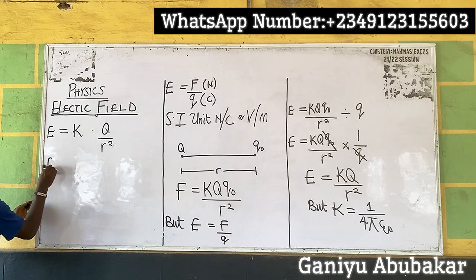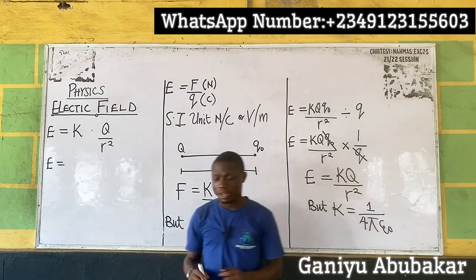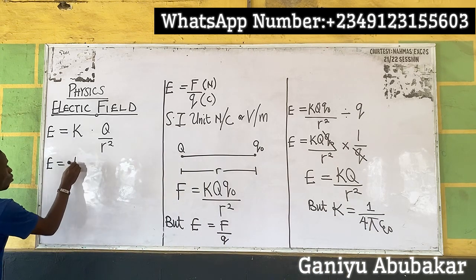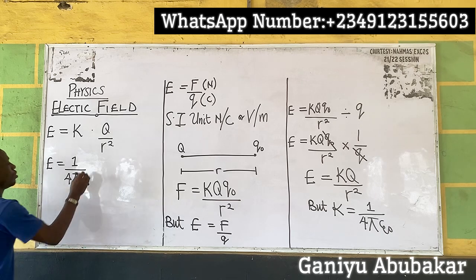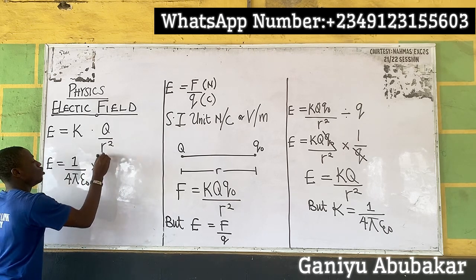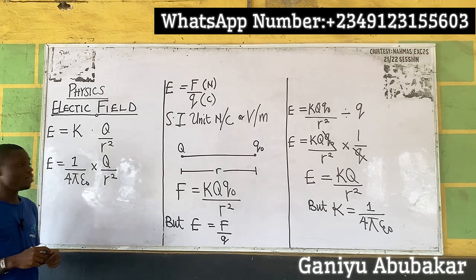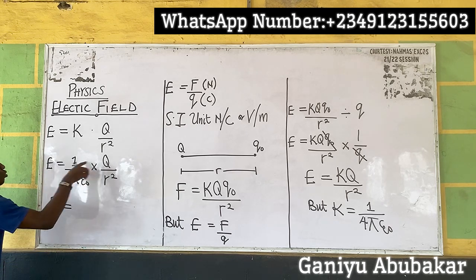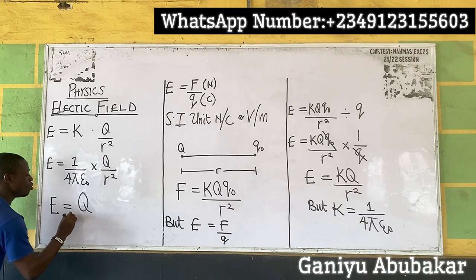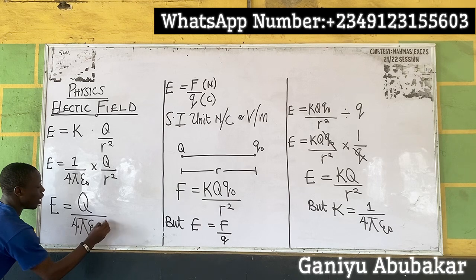So I have E equal to, k is of course 1 over 4 pi epsilon naught, so it becomes 1 all over 4 pi epsilon naught times q all over r squared. Combining this, I can still express electric intensity E to be equal to 1 times Q, that gives you Q all over 4 pi epsilon naught r squared.